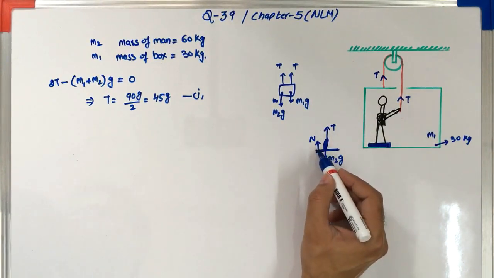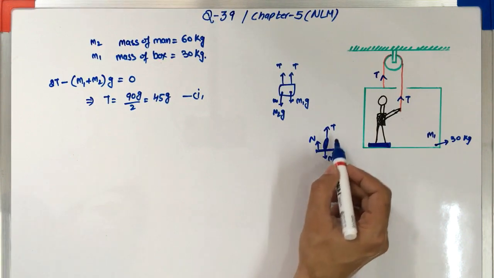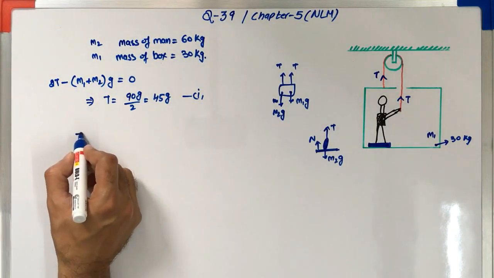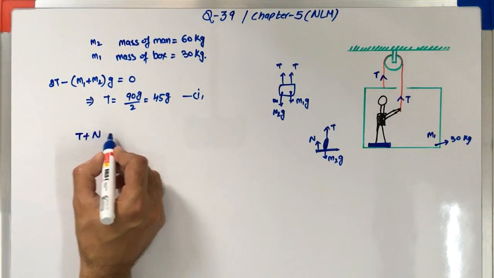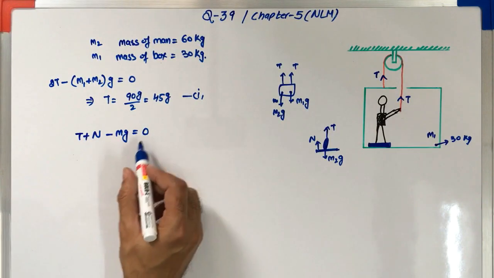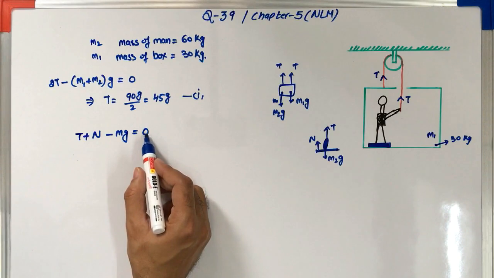From this diagram we can write the equation of motion as T plus N minus m2g is equal to 0. The man is not moving, so we have written it as 0.